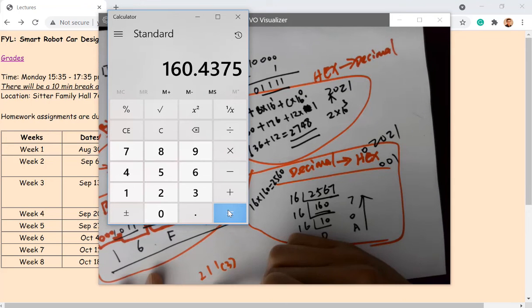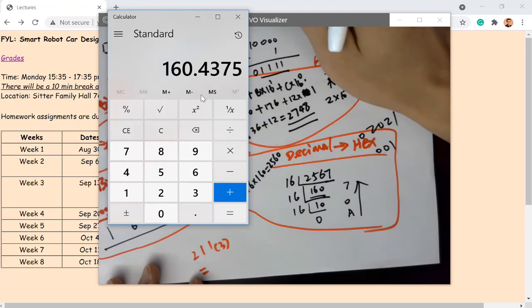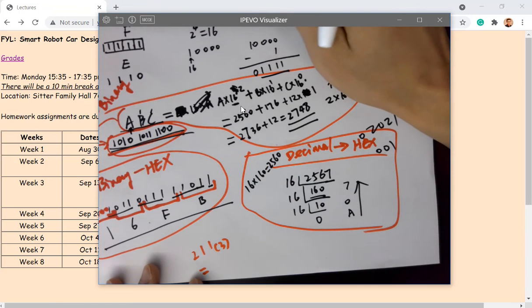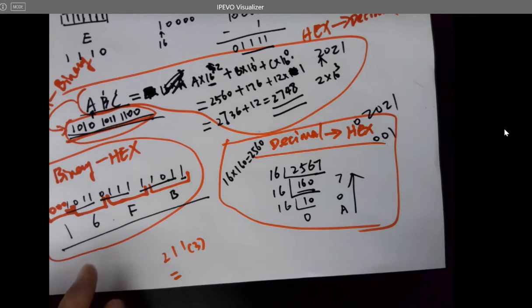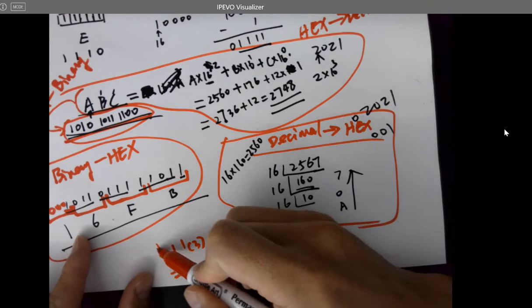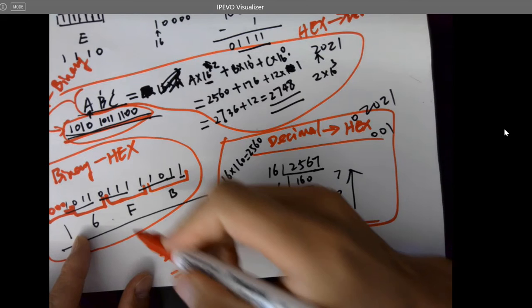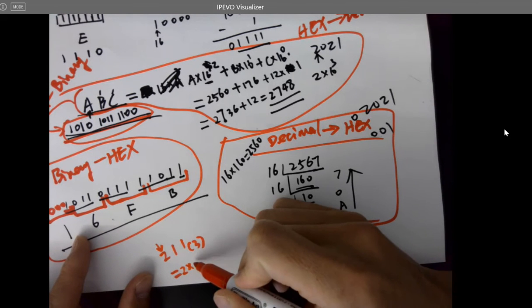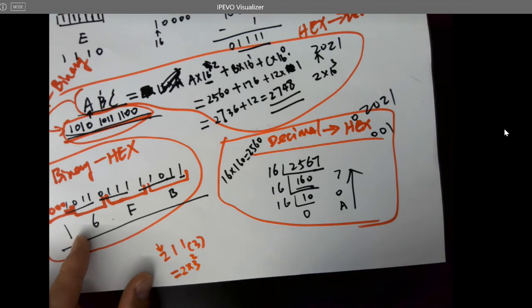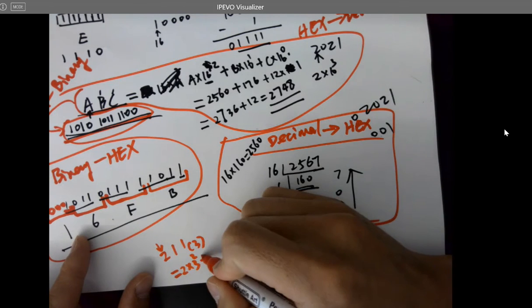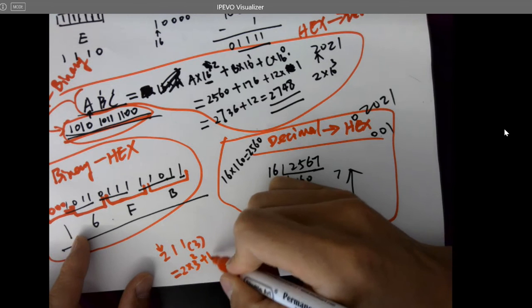So what is this number though? In decimal. This 2 is not 2. What is this number? Plus this 1 is not 1.